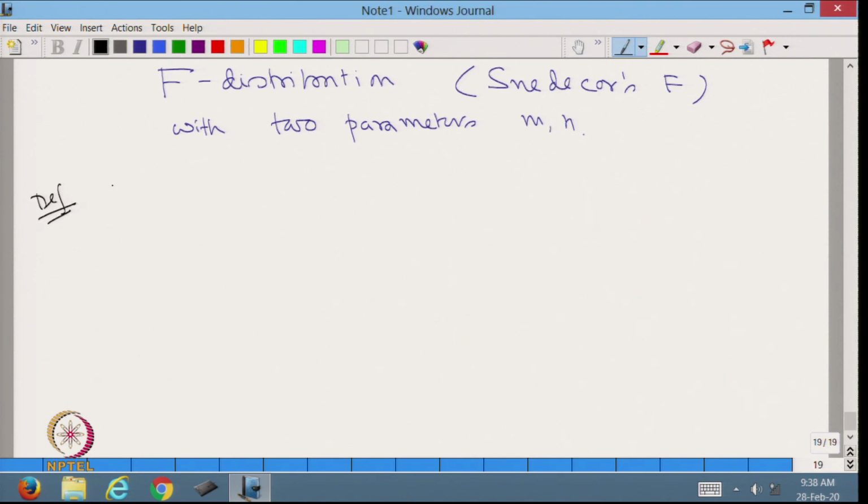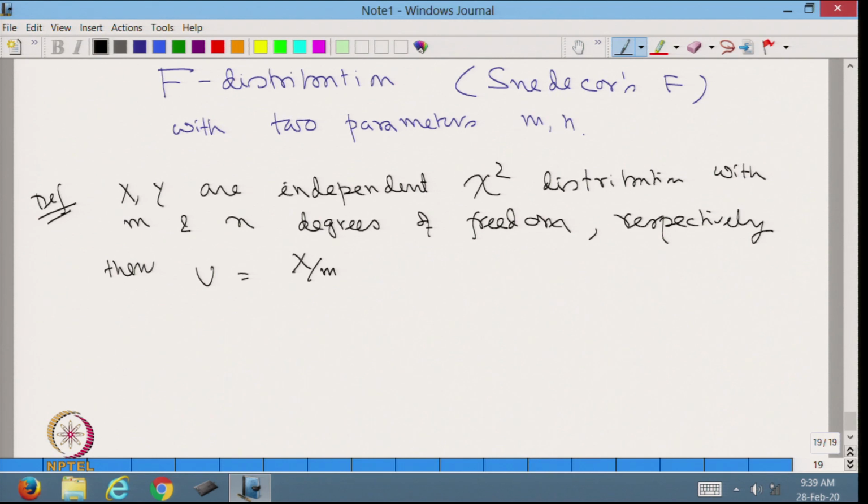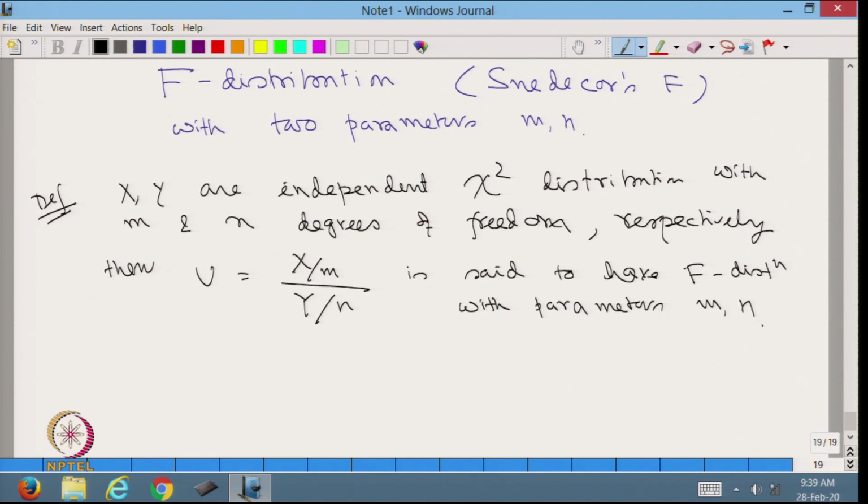So, definition: if X and Y are independent chi-square distributions with m and n degrees of freedom respectively, then U equal to (X by m) upon (Y by n) is said to have F distribution with parameters m and n.